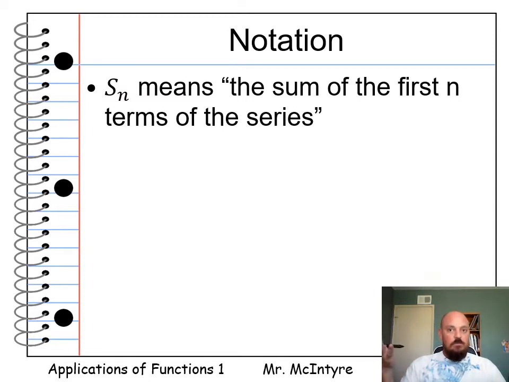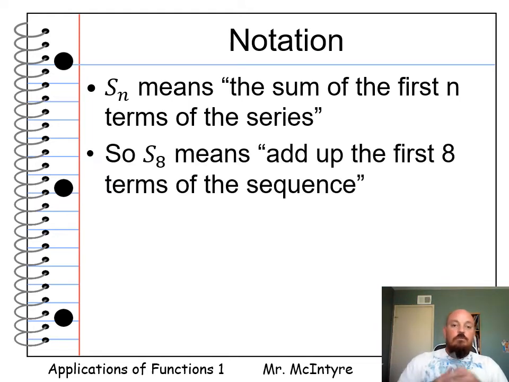Remember, n is a variable, like last week when we said an is a formula for any term of the sequence. Sn depends on what number I give you. For example, if I give you a series and ask you to find S8, then what I'm really asking you to do is add up the first 8 terms of the sequence.